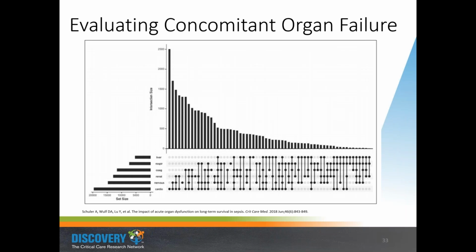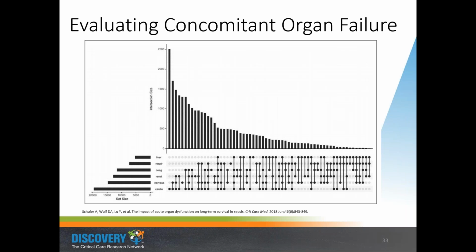This is a graph that shows the fact that patients in sepsis often have coexisting organ dysfunctions. Here, if we look at the 6 organ dysfunctions at the bottom, the dots show you which of the organ dysfunctions they had.